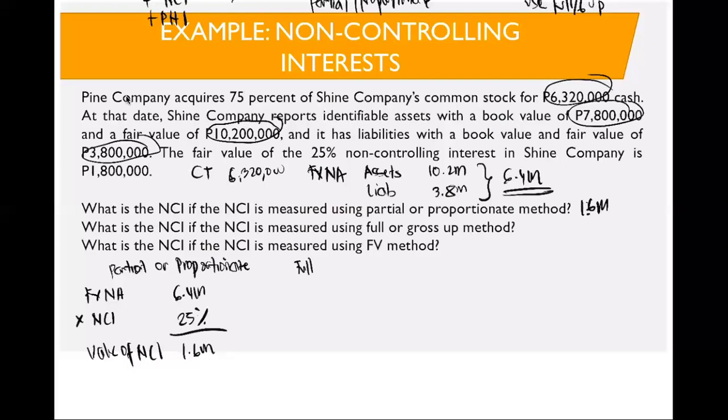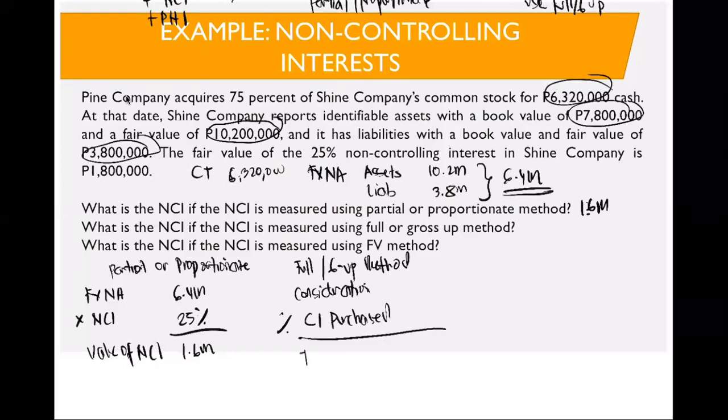Next, what is the NCI if the NCI is measured using full or gross up method? If that is full or gross up method, what do we do? We get first the consideration, and we divide it by your controlling interest purchase. So this is your total value. You multiply it by your NCI, and we will get the value of NCI.